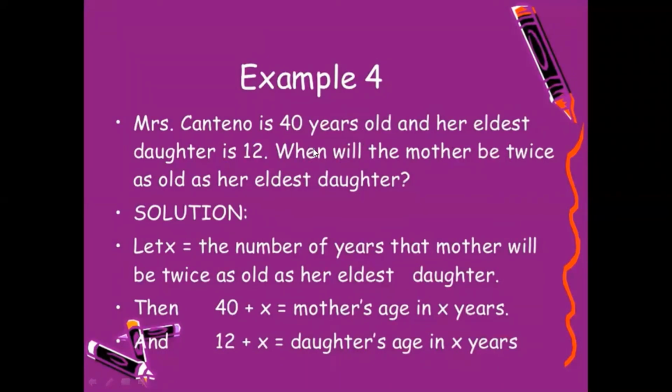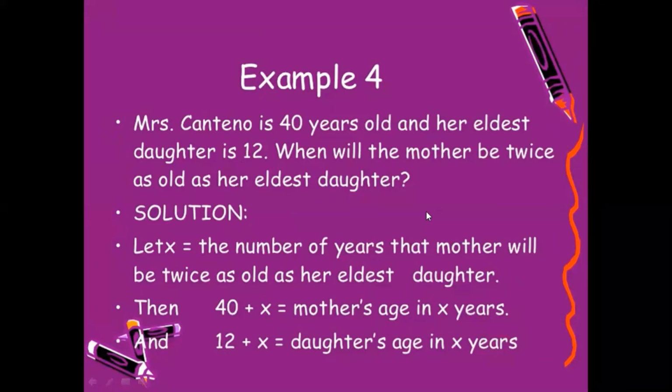So it's slightly tricky in the sense that we are not looking for their ages. We are looking for the time period, for those years for both of these two ladies, in which the mother will become the double of her daughter. Are you getting me? We are not interested in calculating their ages. Their ages are mentioned here.